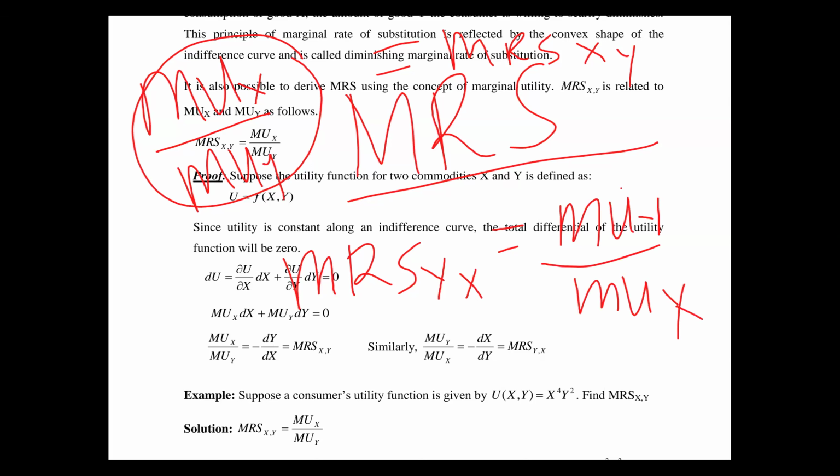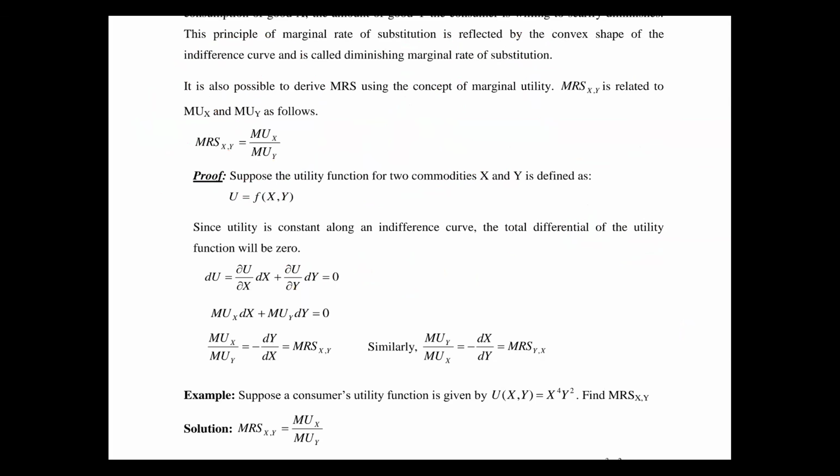Now, if you have numbers, and I take it that you already understood how you find the marginal utility. If you have a list of numbers, a schedule, right? Schedules, you have total utilities, you know how to find the marginal utilities for both of the commodities. That is still fine. Now, this time around, we also need to look at what if you're not given numbers, but you're given an equation.